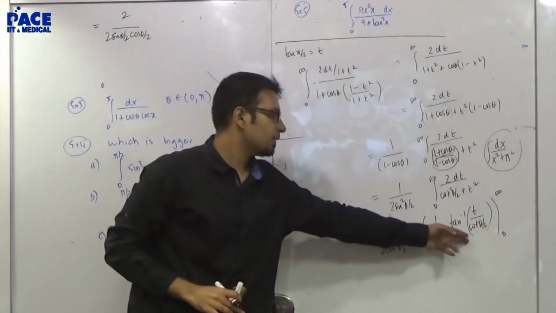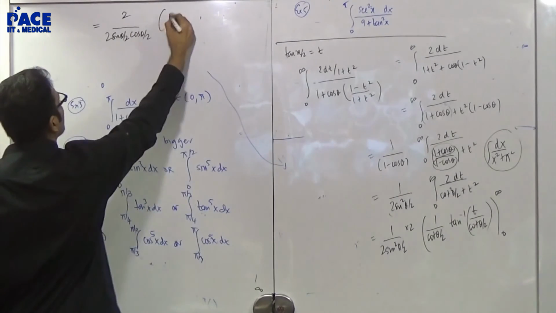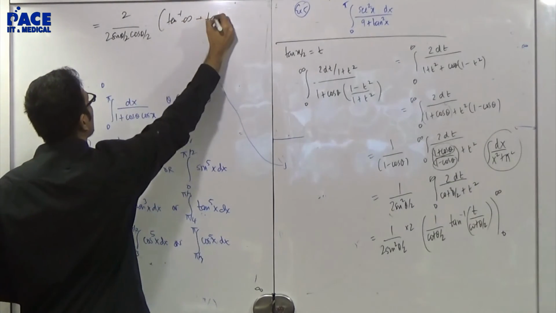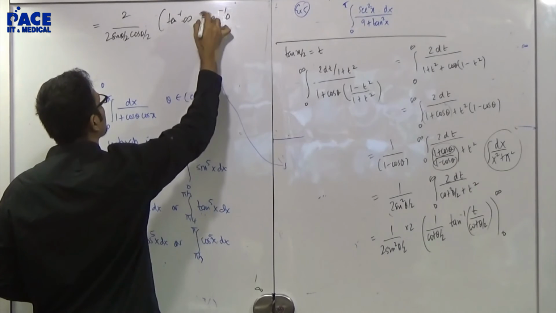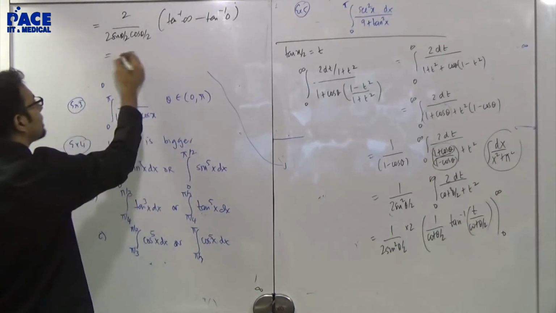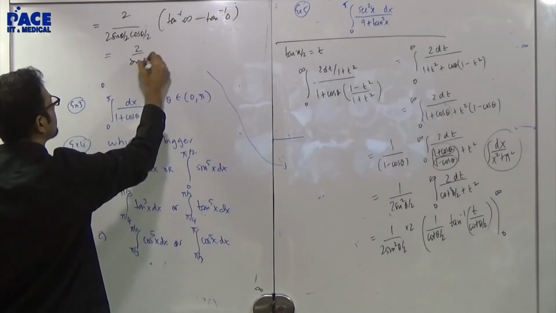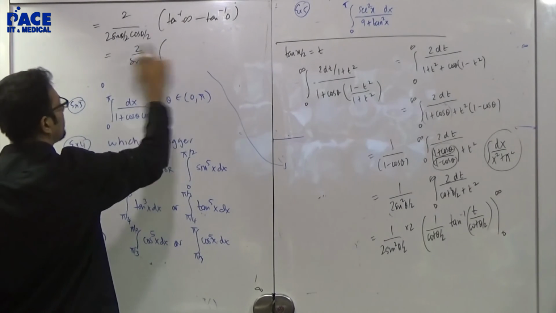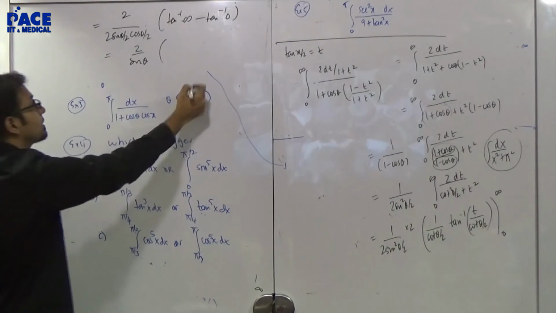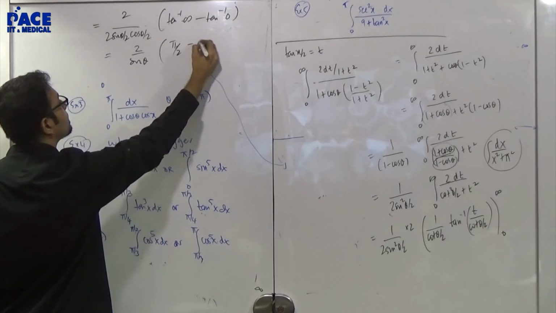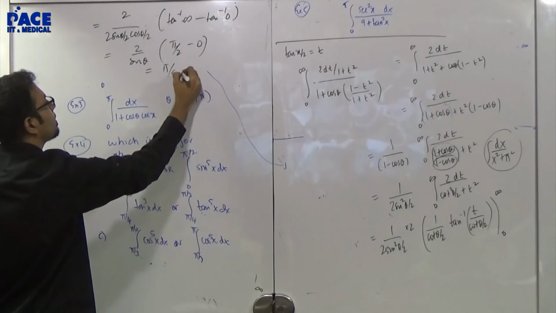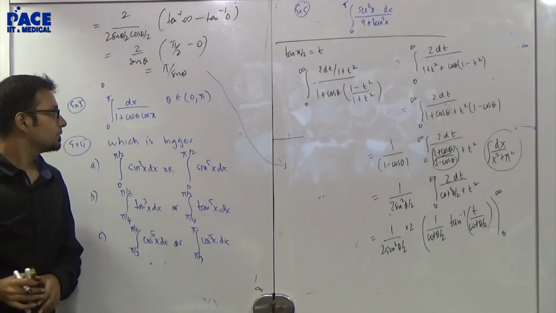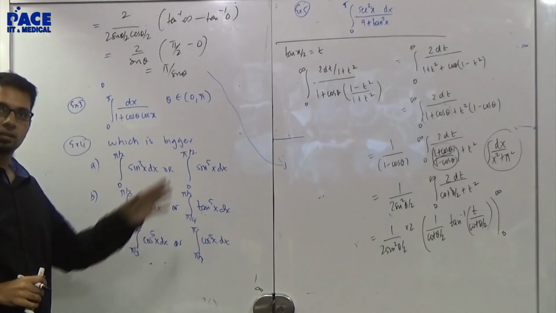And this part over here becomes tan inverse infinity minus tan inverse 0, which is pi by 2. This becomes 2 upon sin theta, this is 2 sin theta by 2 cos theta by 2, into pi by 2 minus 0. So the answer is pi upon sin theta. Is that clear? Did everybody understand?